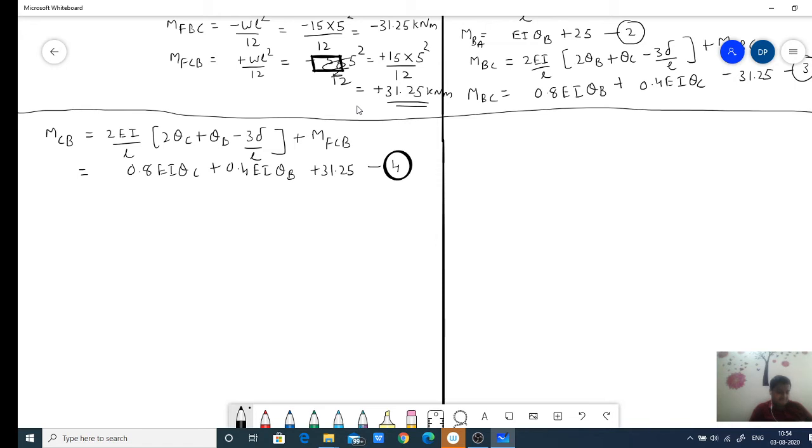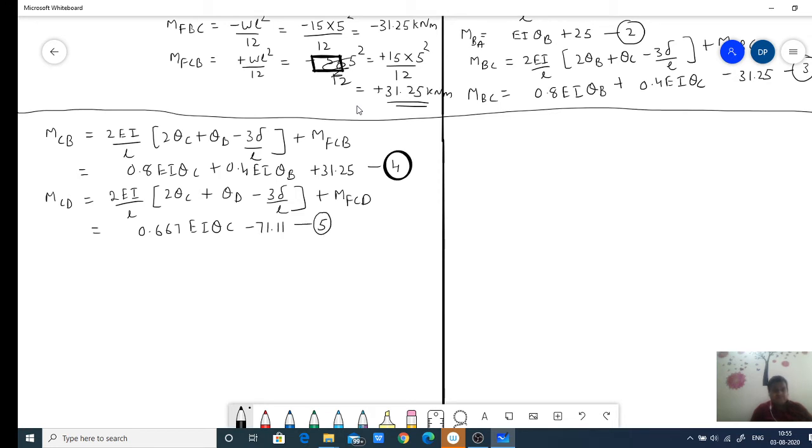Now after MCB, you need to go for MCD. Once again the same equation: 2EI by L into 2 theta C plus theta D minus 3 delta upon L, plus MFCD. Once you solve this, MCD comes to 0.667 EI theta C minus 71.11. This is equation number 5.